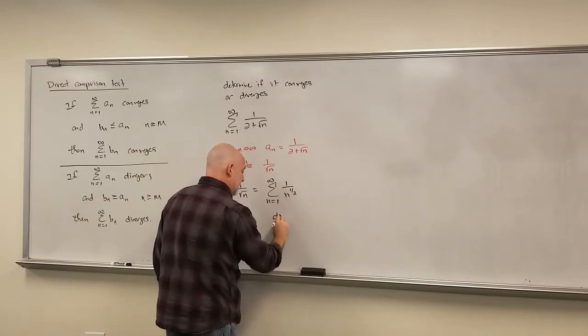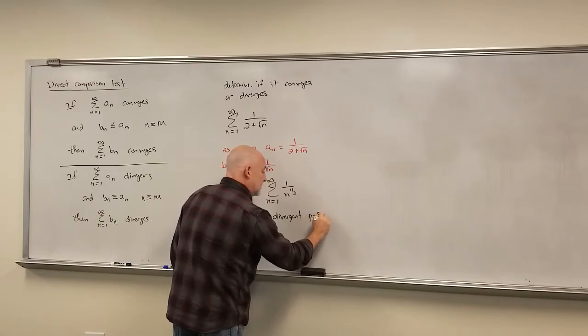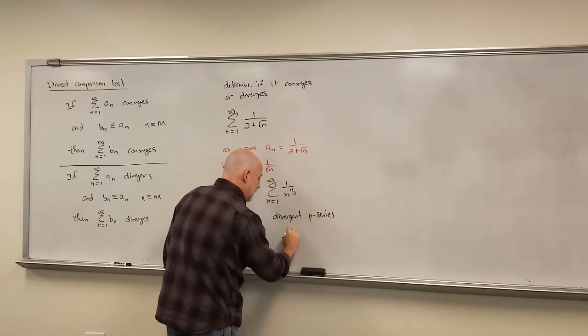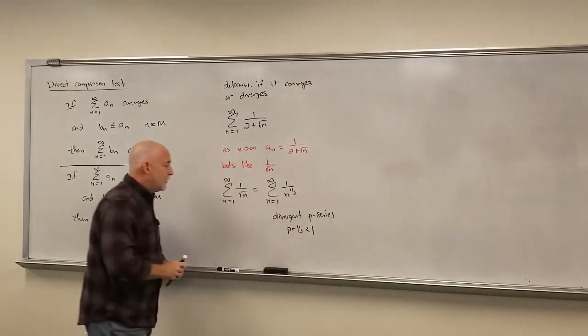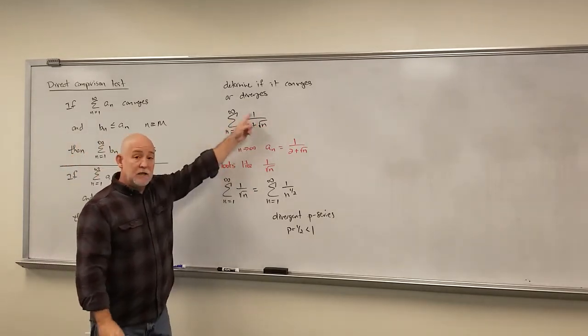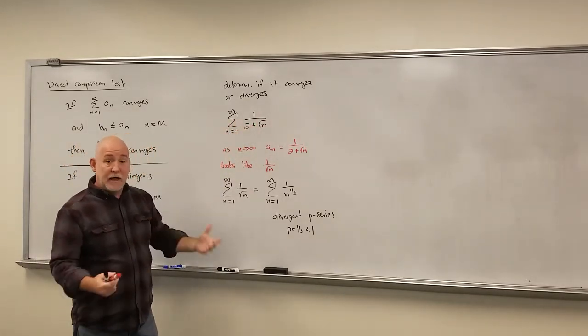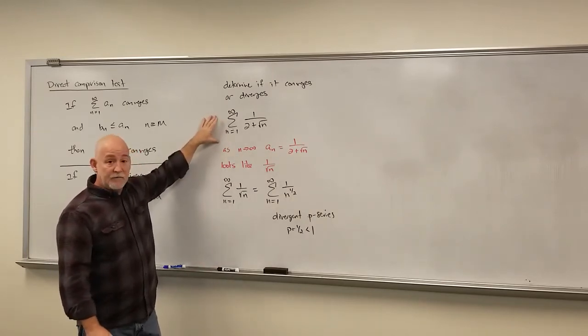This is a divergent p series. Here p is 1/2, which is less than 1. So we can guess this thing here should act like a divergent p series. So my guess is this is going to diverge.